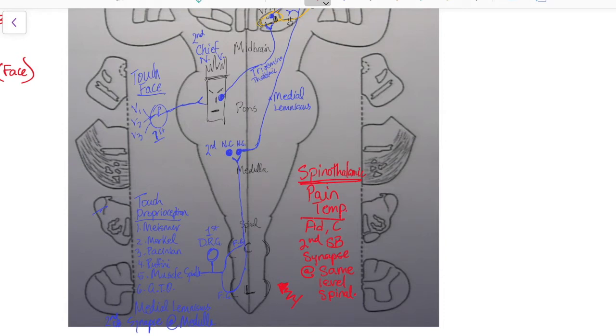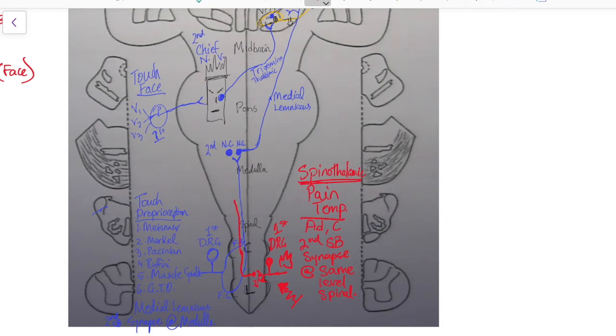You got struck by lightning, or you got into a fire, and that will go through the dorsal root ganglion once again. So that is the first cell body. It will synapse at the same level of the spinal cord. So we're already at the second cell body. It will cross over in the spinal cord and go on the other side. Oh, this got messy real quick.